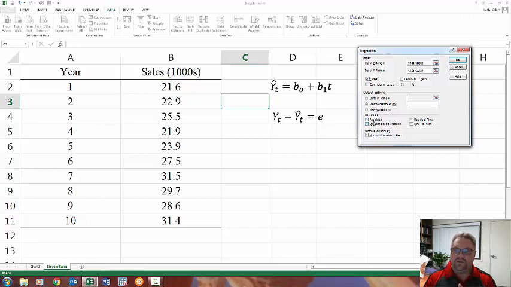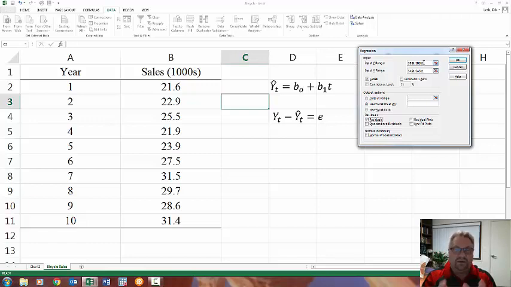And then what I want you to do is check this box, residuals. Excel is going to calculate those errors for you. So all we're going to have to do is square them and take the average, and presto, we're going to be done. So, to recap, your y variable is, in this case, your sales.